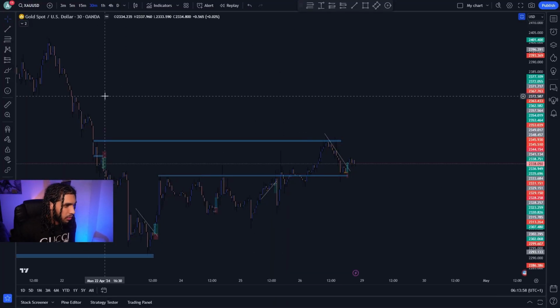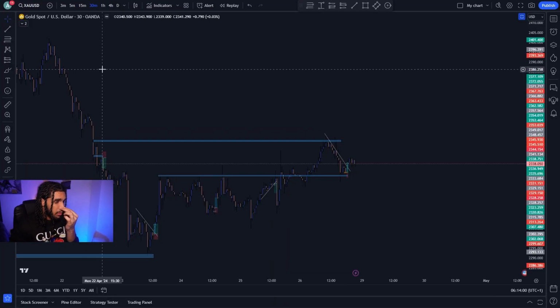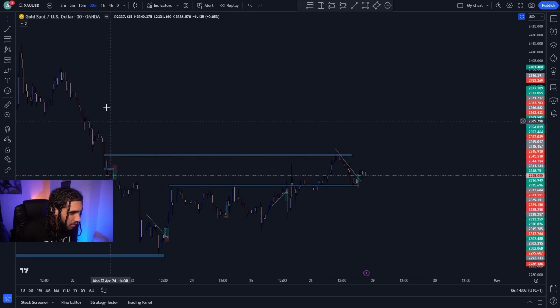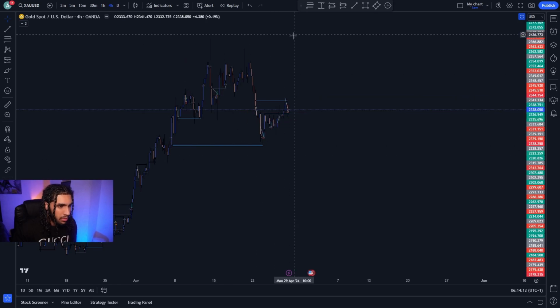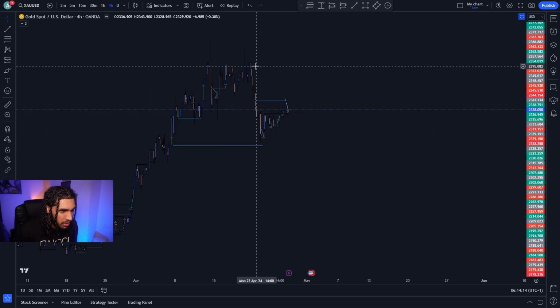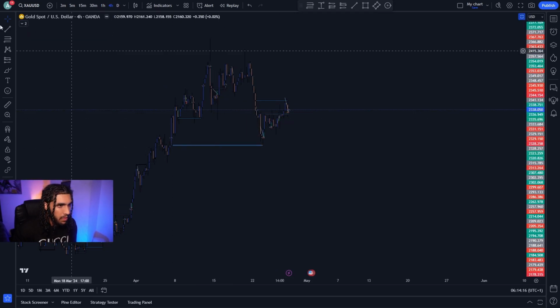So let's get straight into the Monday trade. I want to show you exactly how I broke it down, everything I found. First thing, daily time frame. What do you see? It's going up, so we're looking bullish, but what do we see on the 4-hour time frame? You need to combine all your time frames.